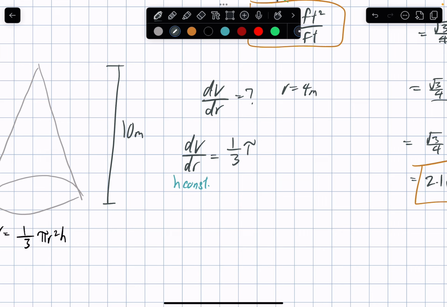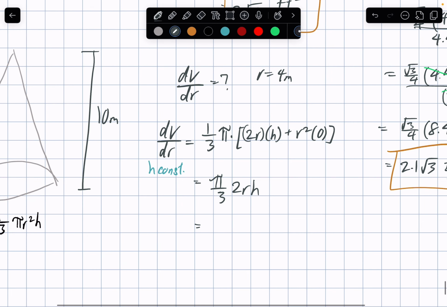So again, once we derive, we put the constant values at the left side, and looks like we use product rule. 2r times h plus r squared times 0. Derivative of h, assuming it's a constant, is 0. So pi over 3 2rh. I think that's it.